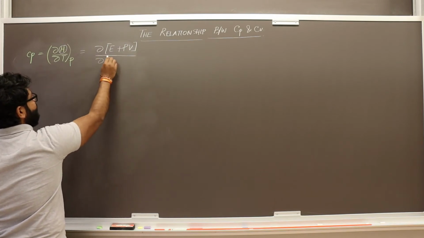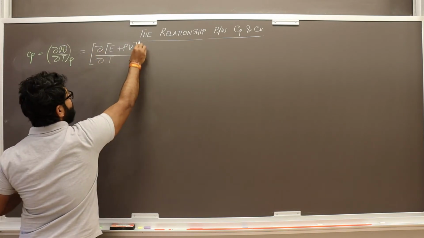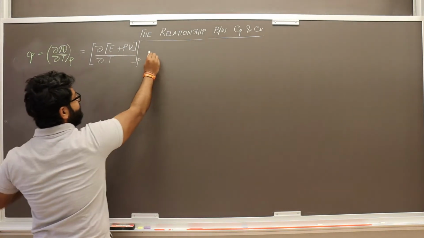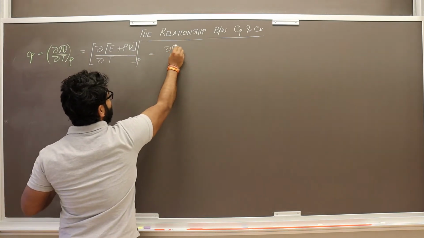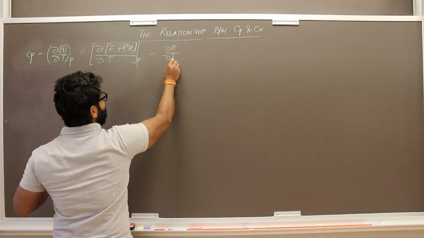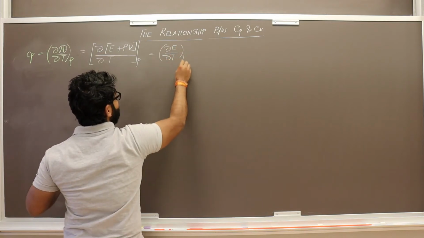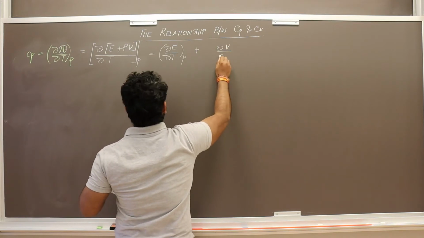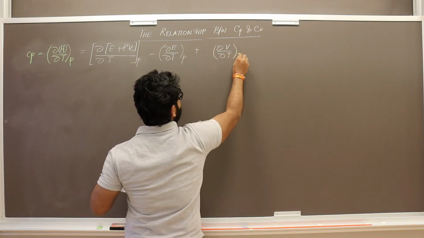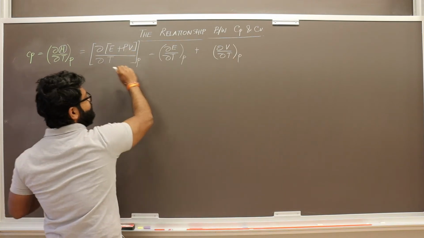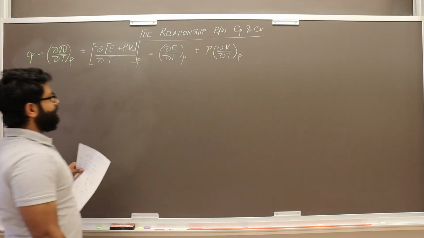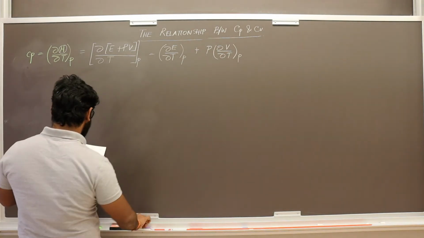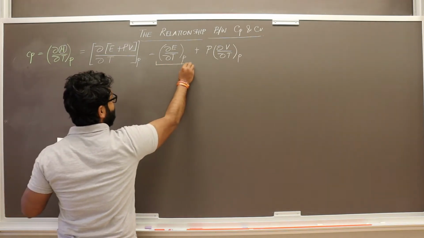So we just write that down at constant P. Now we just divide this into two: del E by del T at constant P, plus P del V by del T at constant P. Now this pressure comes out because the pressure was constant.